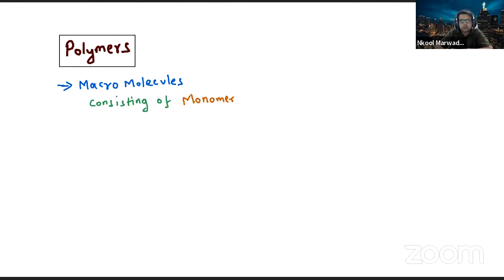And what are these monomers? These monomers are basically repeating structures, simple repeating units.